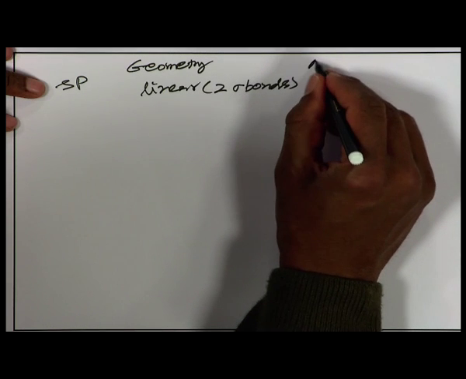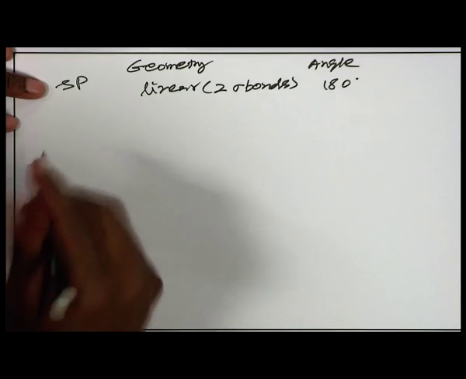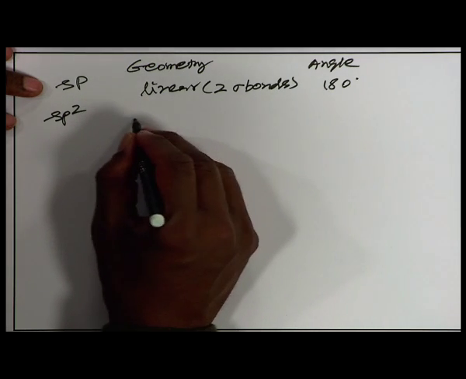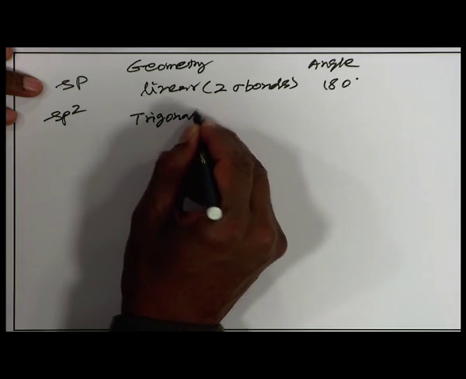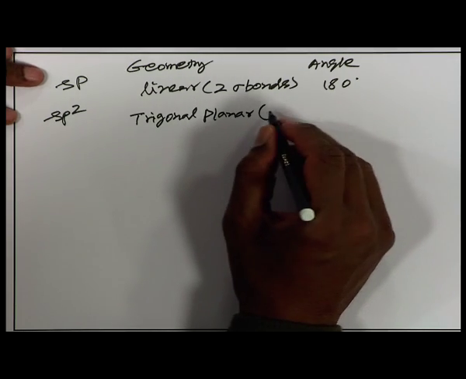The angle is 180 degrees. If you have sp2 hybridization, the geometry is trigonal planar, which contains 3 sigma bonds.